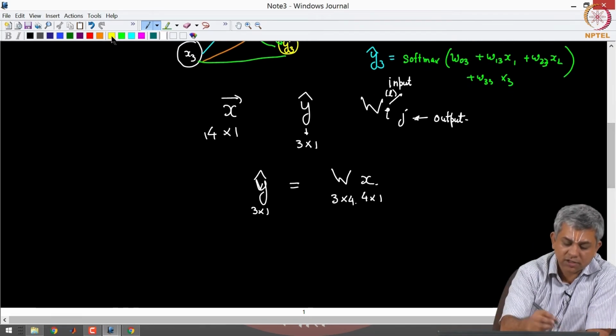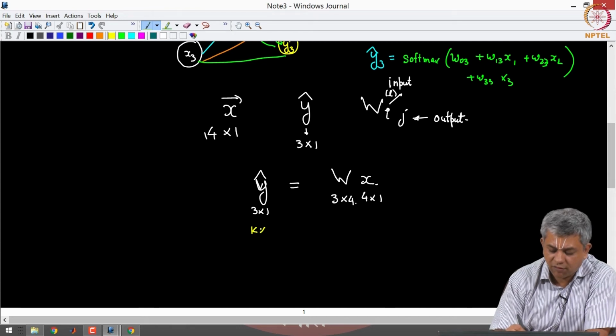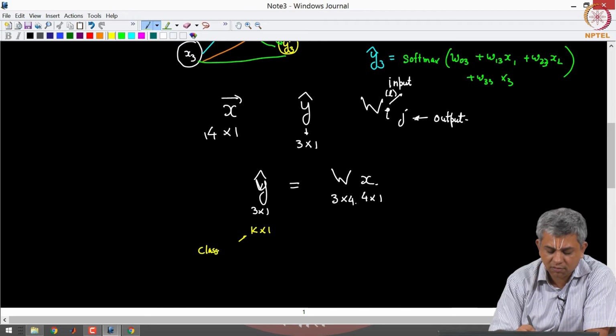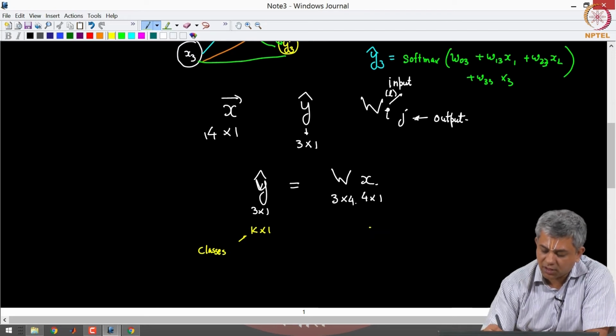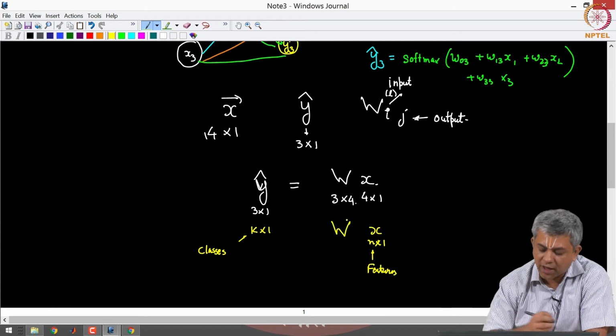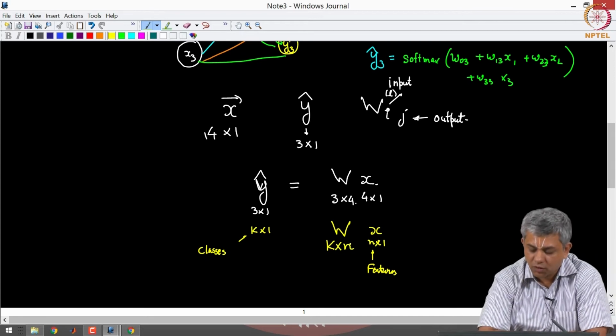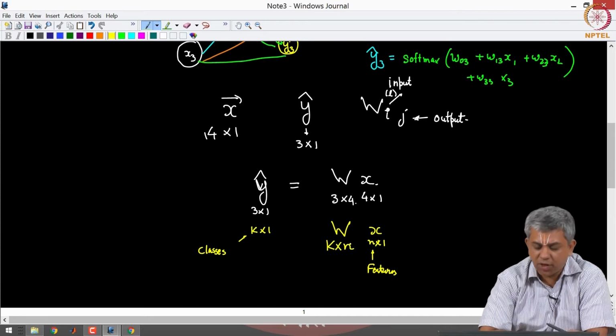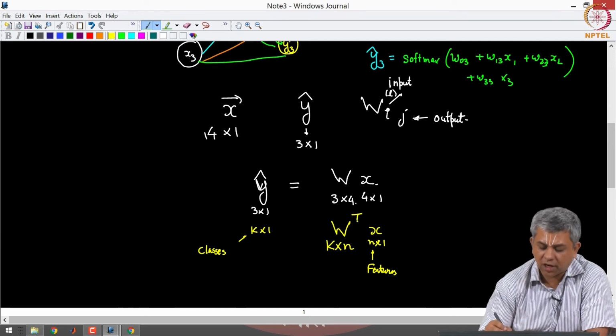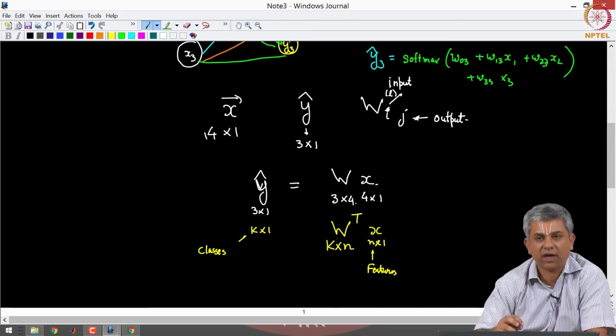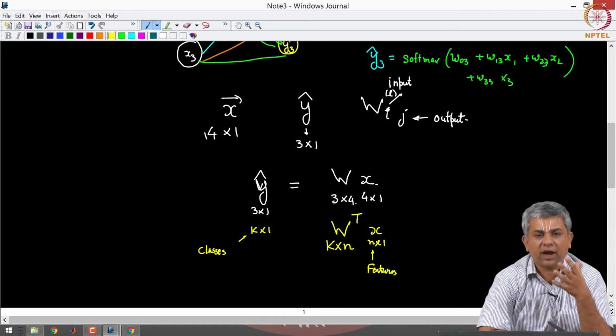In the general case, if y hat is k cross 1, where k is the number of classes and x is n cross 1, where n is the number of features, then w should have the size k cross n. Okay. Now, there are some people who will denote this w as w transpose, so as to be consistent with the notation I have used here. So, you might see this at multiple places.